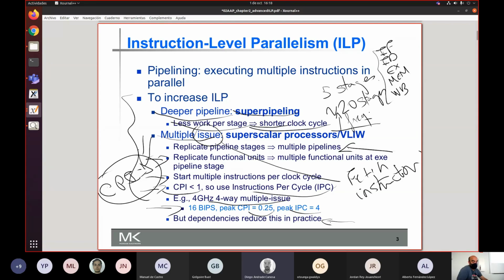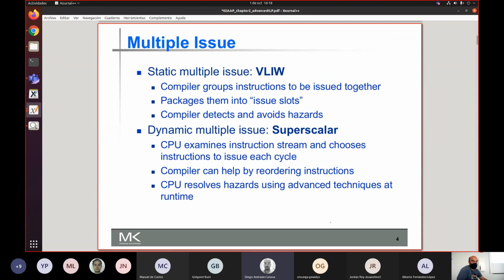Okay, so how do we implement this? Well, the first thing that can be made differently is who chooses the instructions that are going to be issued at the same time, okay?